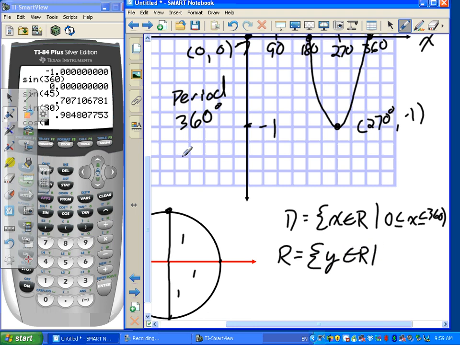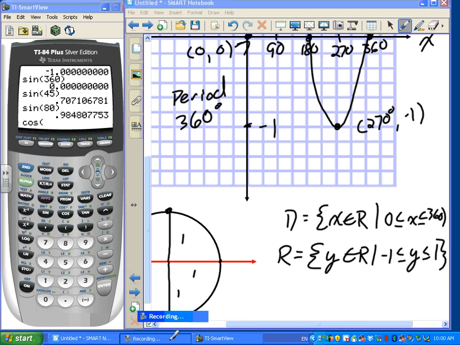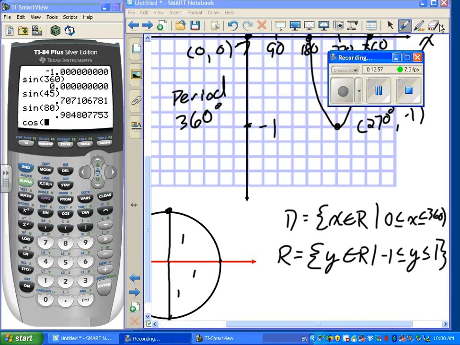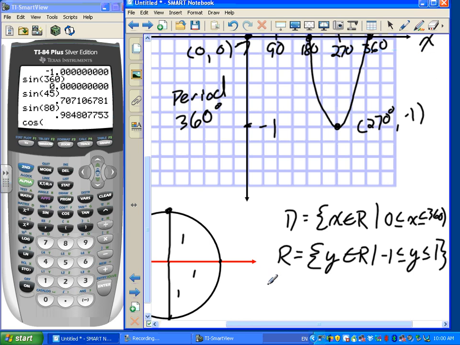The range, though, went as high as 1 and as low as -1. That is your domain and range. Anything else? Period, amplitude? I repeated the question in the quiz, but it's fine. There you go, just for you. Okay.